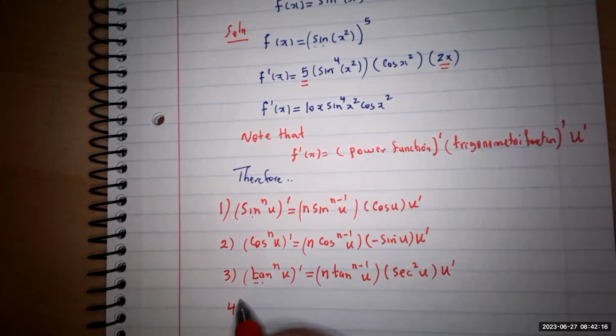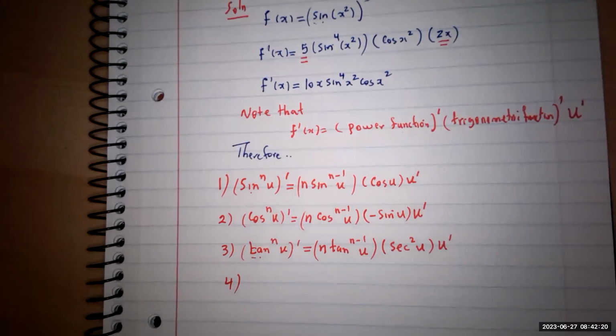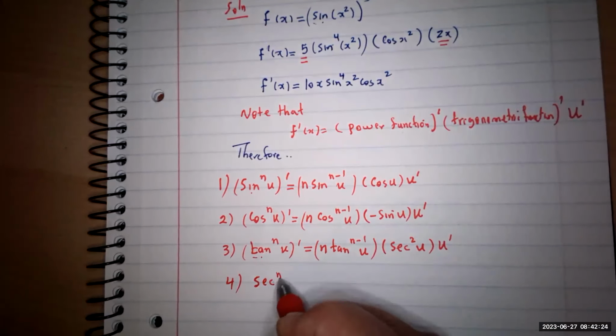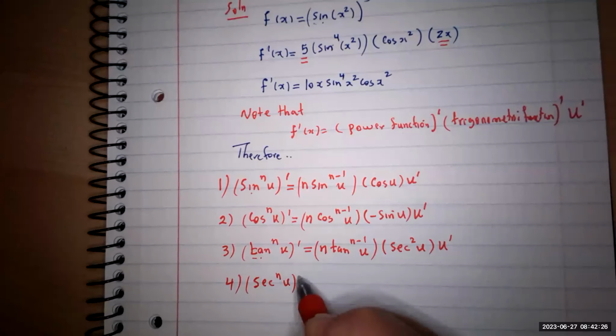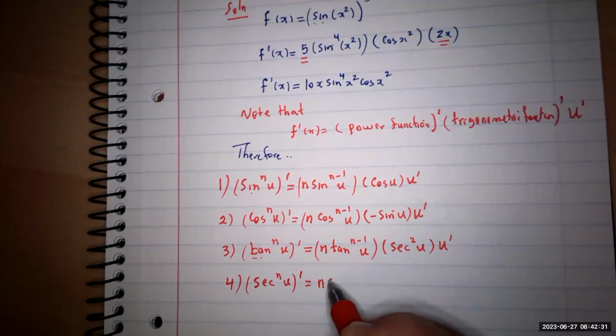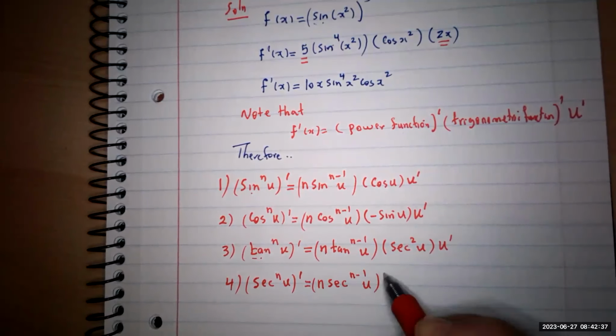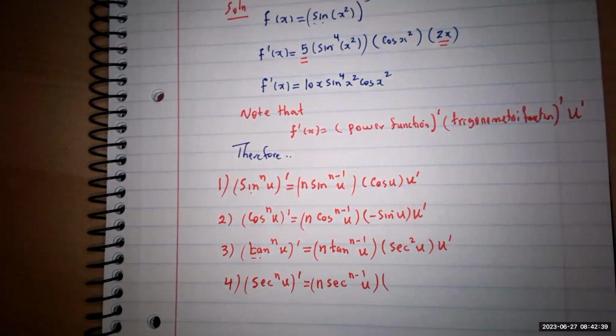And the last one, the derivative of a secant, power of a secant. So the derivative of a secant to the n of u is, we bring the power down, n secant to the n minus 1 of u, times the derivative of a secant.